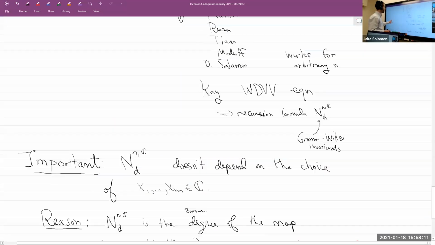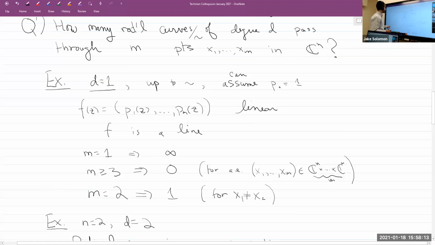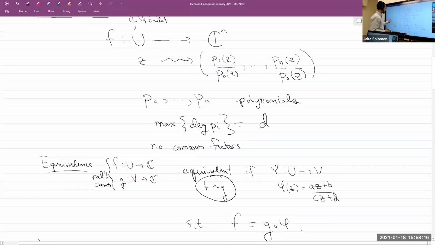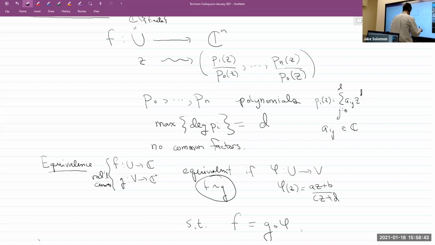So for example, if you go up and you look at these polynomials, the natural thing to do here is to look at p(z) equals the sum of a_ij z^j, j equals 0 to d, where the a_ij belong to C. So C was in C^n, C was in the coefficients of these polynomials, C was in the Mobius transformation.